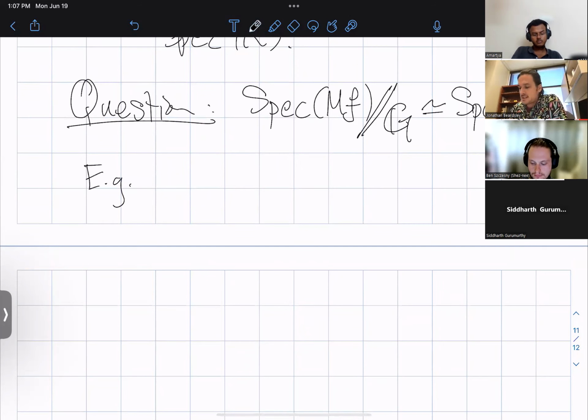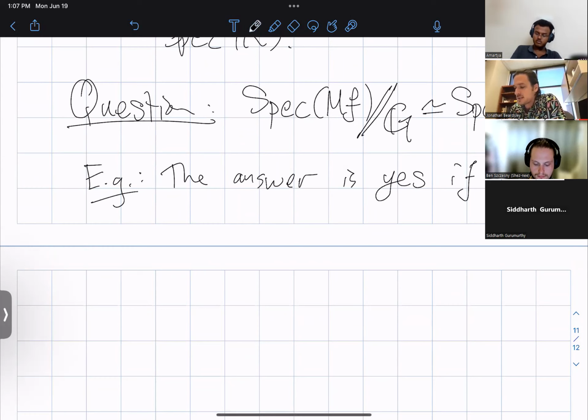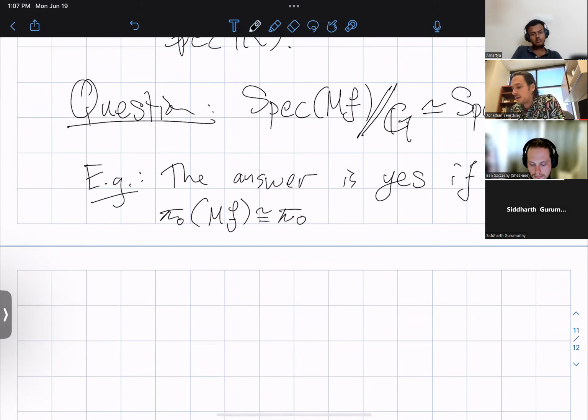And for instance, this isn't a complete answer, but the answer is yes if, for instance, pi 0 of MF is isomorphic to pi 0 of R.